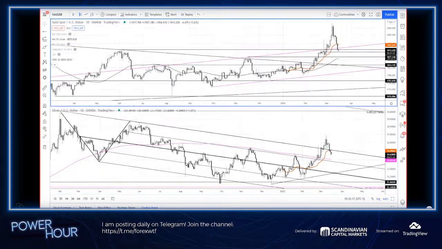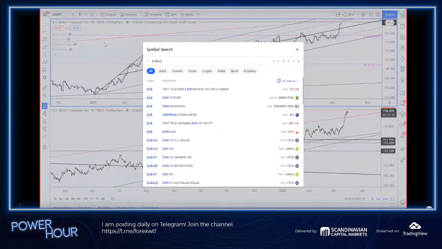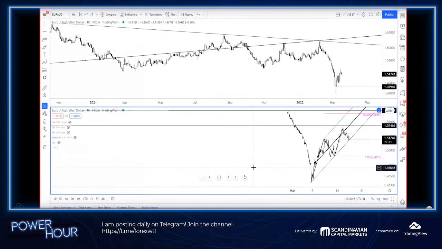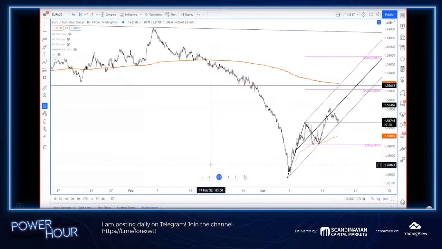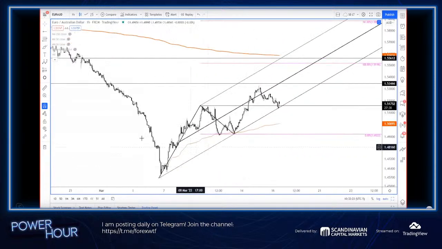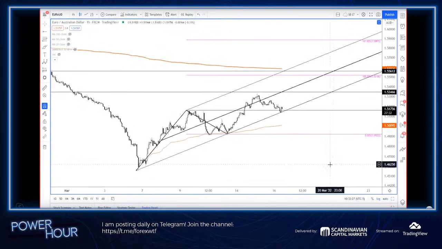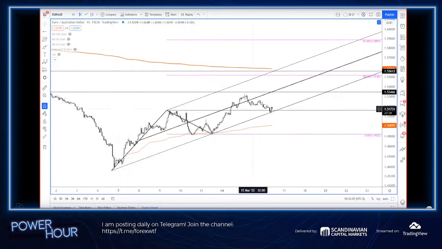Okay. Other stuff that might be of interest, like non-dollar crosses. This is one that I think is interesting. This is Euro Aussie. This is an hourly chart. Channel off the lows. We just hit it this morning.